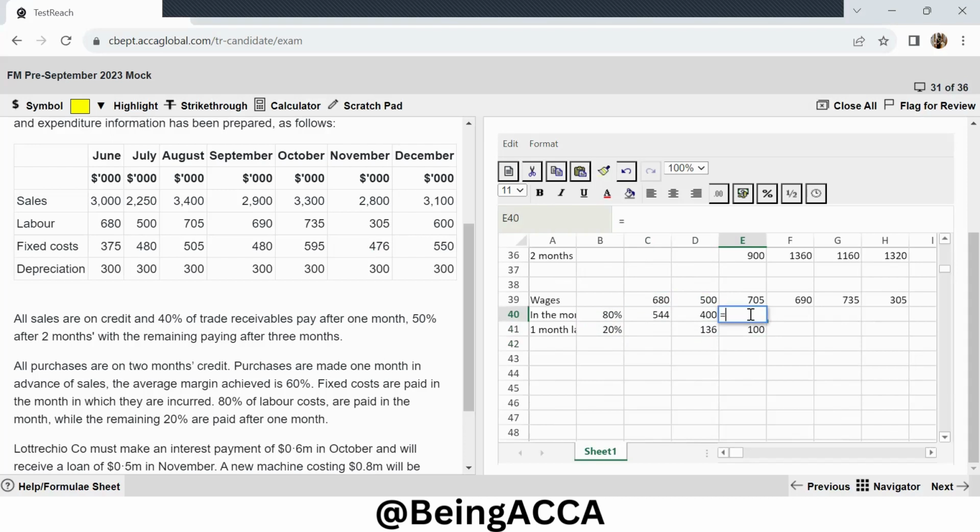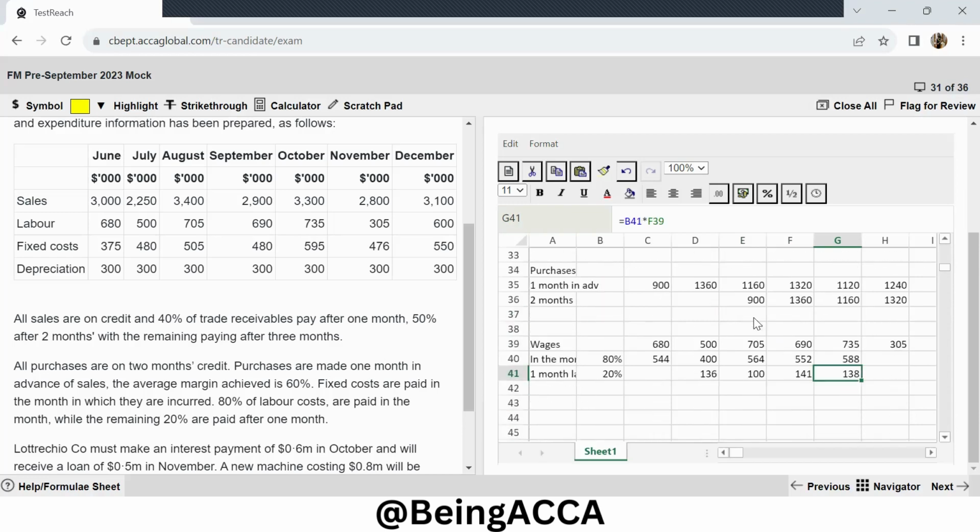So similarly, 705, we are going to be paying 80% in the same month, and in the next month we are going to be paying 20% of this amount. So this will be this much. Then again, I'm going to be paying 690 multiplied by 80%, so 552, and again 20% of 690, then I can have 80% of this in the same month.